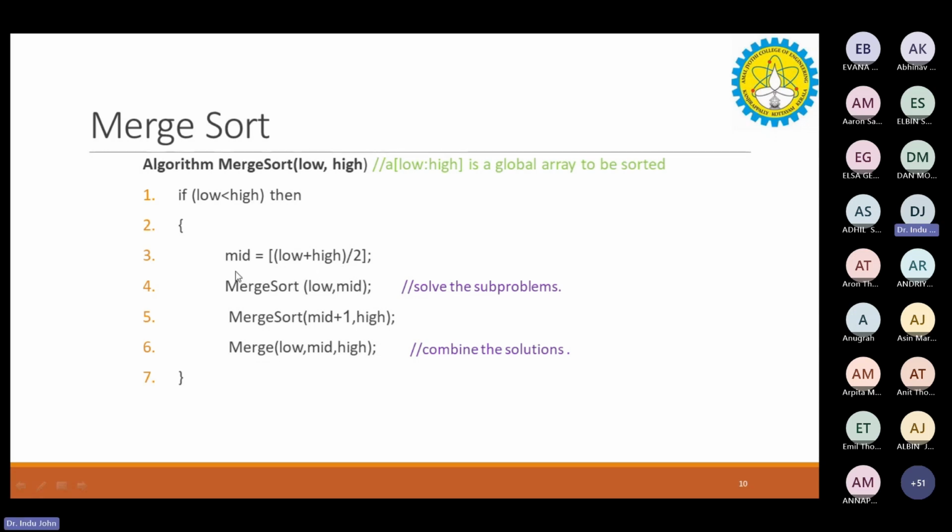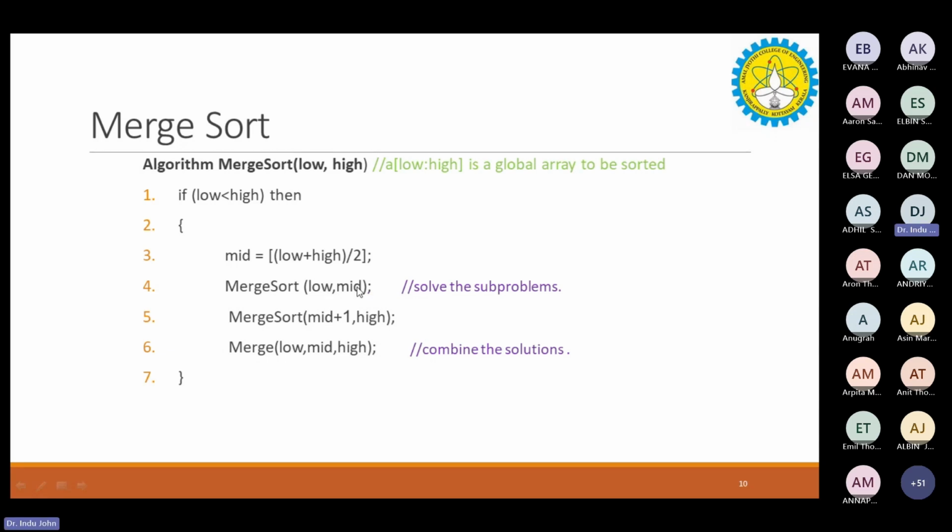Once you calculate the mid value, you call merge sort recursively on the left half as well as the right half. When you call recursively, you need to pass the starting index and the last index of the left half as well as the right half of the array. For the left half, the starting index is low itself and the ending index is mid.